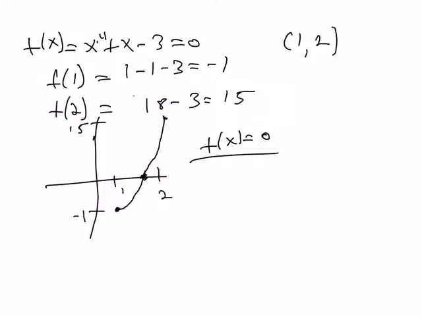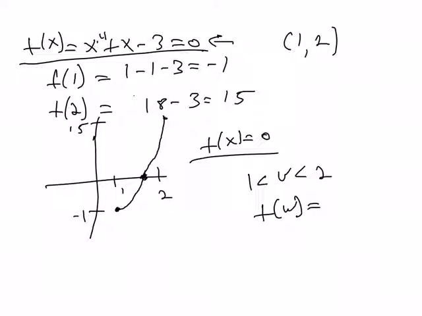So because of that, we just proved that this has a root, because we can say that there's a w greater than 1 and less than 2 such that f of w is equal to 0.